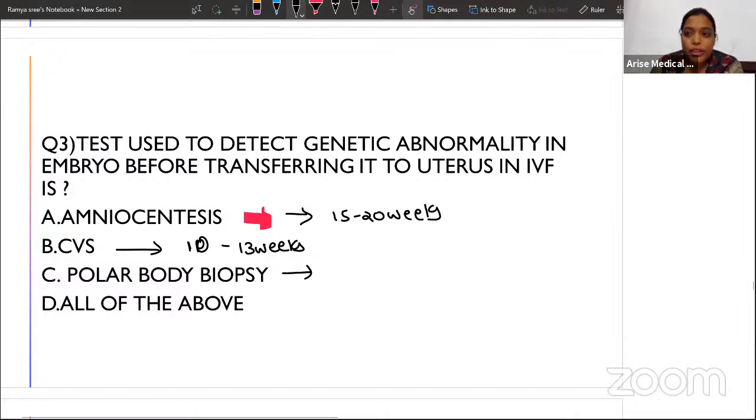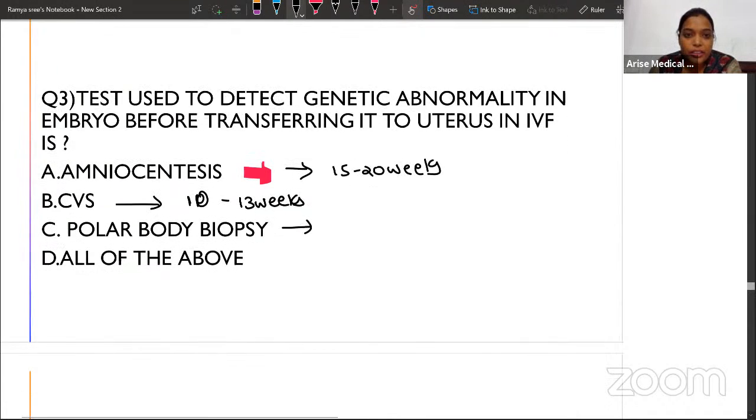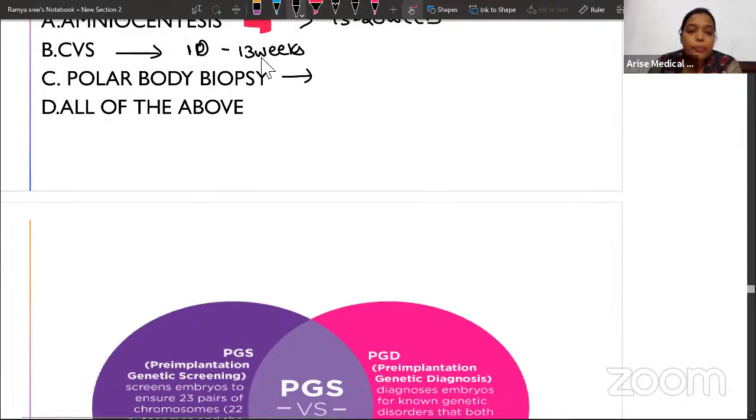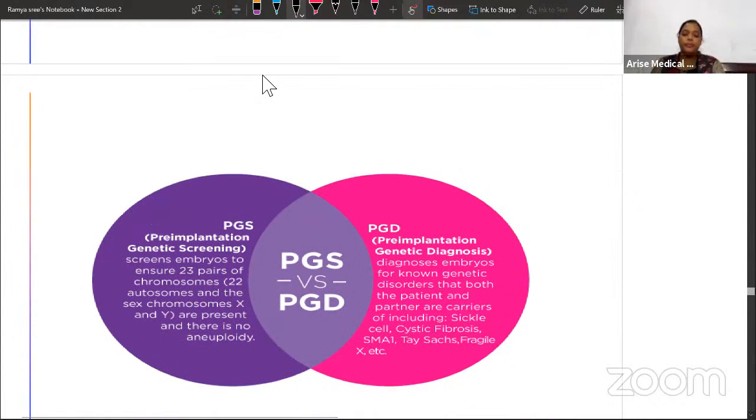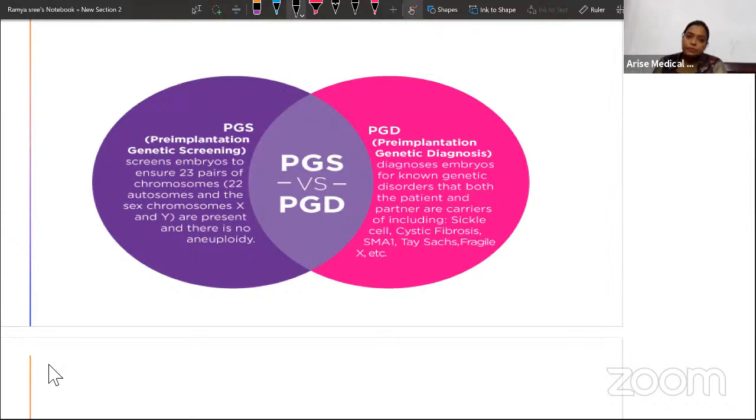This is called peri-implantation testing. You have peri-implantation genetic screening and peri-implantation genetic diagnosis. Screening means screening the embryos to ensure that all 23 pairs of chromosomes are present and there is no aneuploidy.